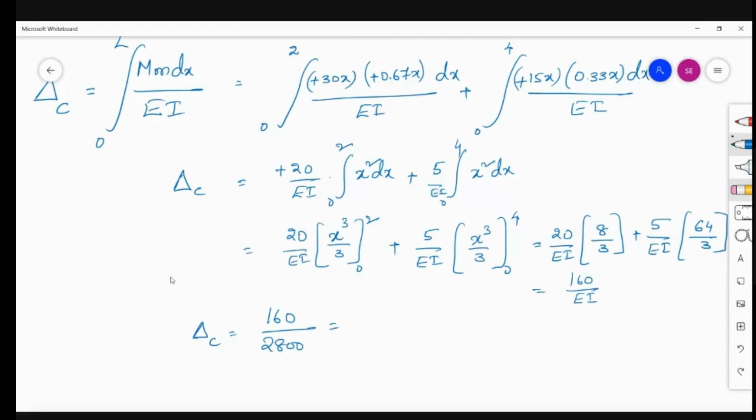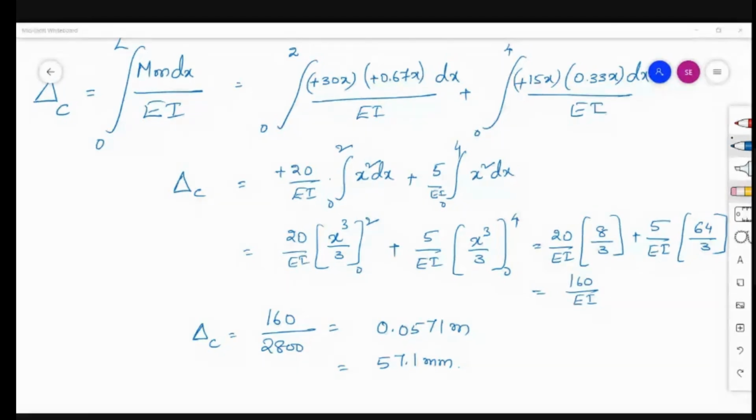I am getting a value of 0.0571 meters, and the answer is 57.1 mm. This is the answer. Please check it. Yes, 56.8 mm. Slight changes are there in the values, but however, they are the same.